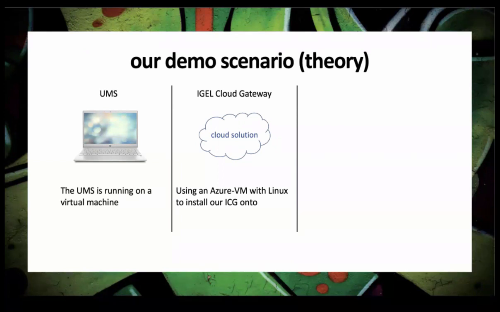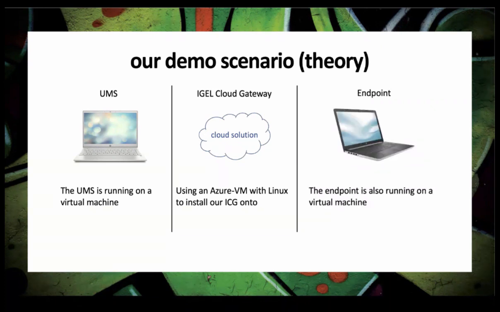Part 2 of this webinar will show how to install the VM itself and configure it. And of course, we have some endpoints. This is also a virtual machine today. We will start it up and import it via the ICG to the UMS.